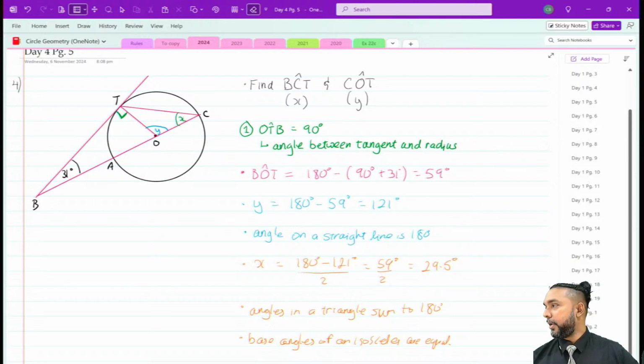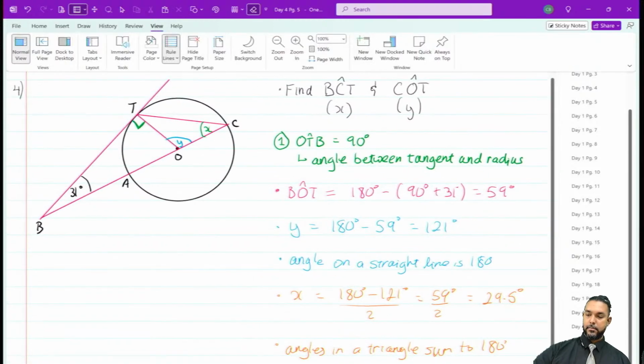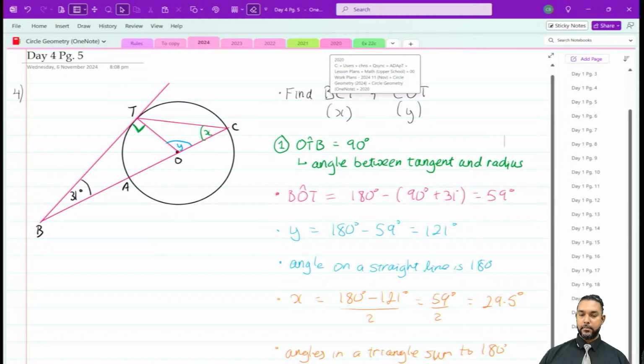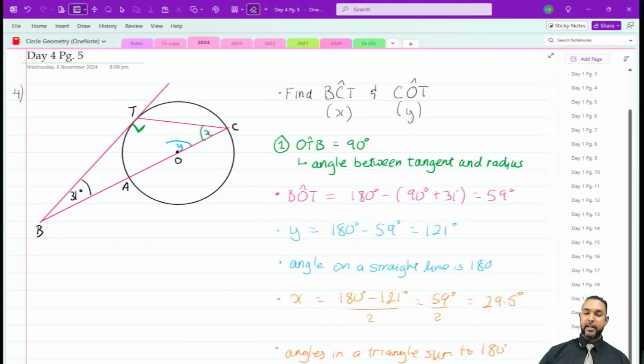Yeah, so close, 29.5, correct. One more to go earlier. So you're saying, Jaden, move that line. Yeah, I think I removed that line. I did the triangle, it's ABC.